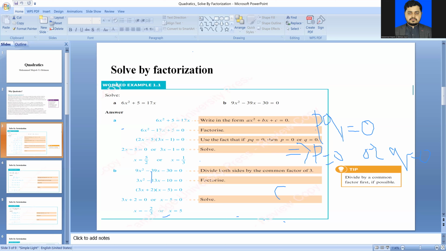And case 2 is that both of the factors may be equal to 0.